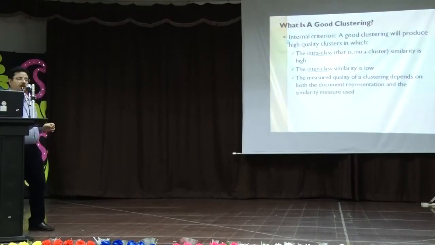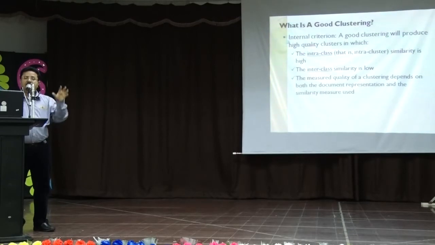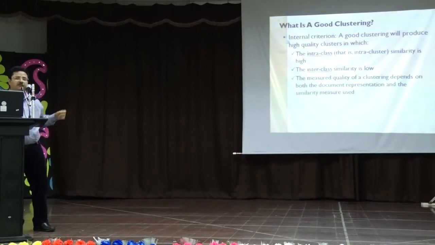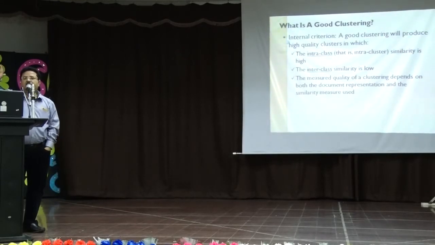Similarly, since you have more than one cluster, each and every cluster will be different from the others as regards to the inter-cluster similarity. What is inter-cluster similarity? Within a cluster, the similarity is referred to as intra-cluster similarity, and between two or more clusters, that is referred to as the inter-class similarity.